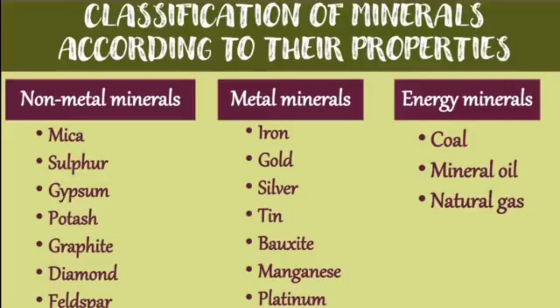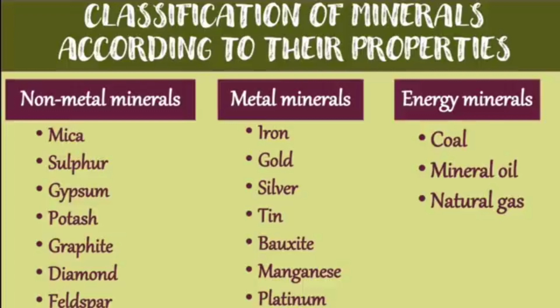Beside it, in the middle, we have metal minerals. Now, what consists of metal minerals? So, all the metals like iron, gold, silver, tin, bauxite, manganese, and last is platinum. Now, moving toward the last classification, that is energy minerals.